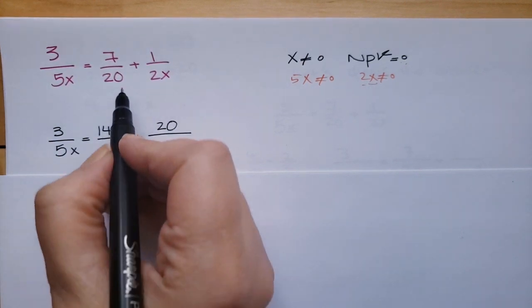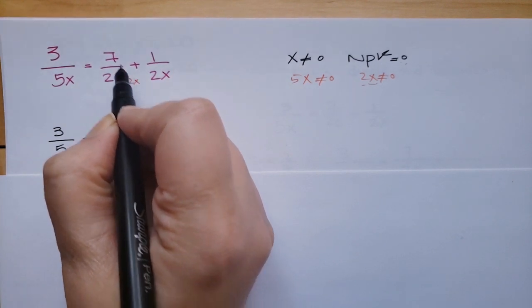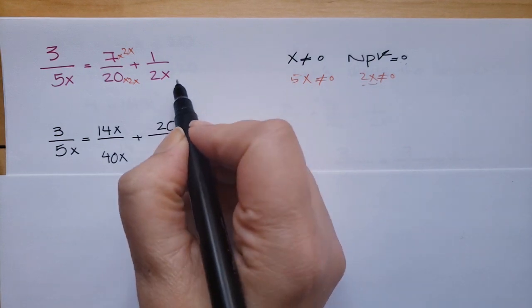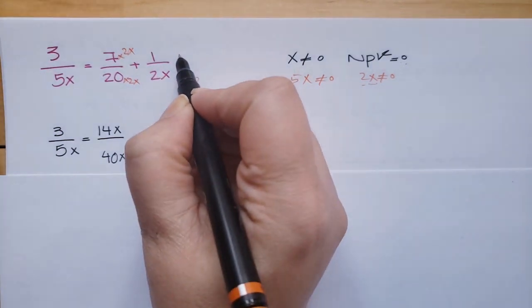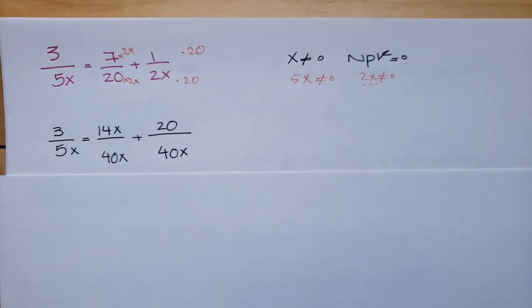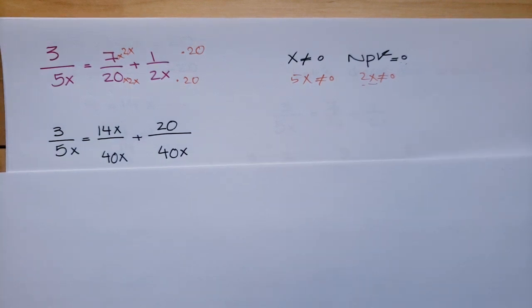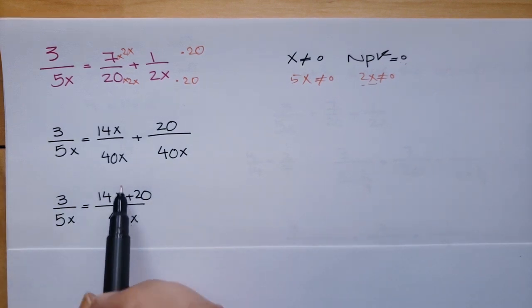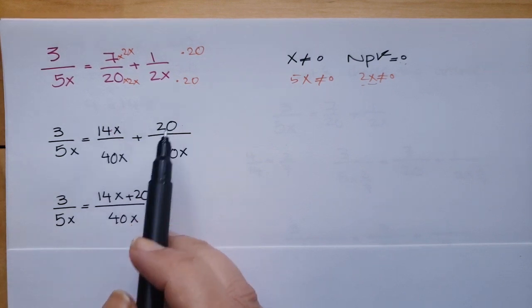So here this one is multiplied by 2x, 14x. This one is multiplied by 20. The same thing should be done to the denominator. Here we can just do, in the next step, we can just add them together, 40x, 14x plus 20.